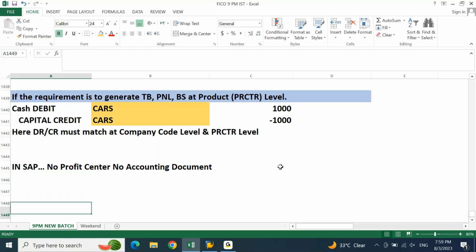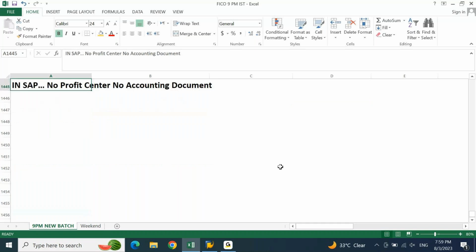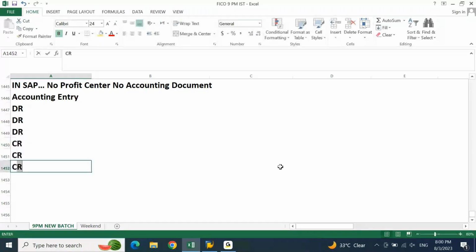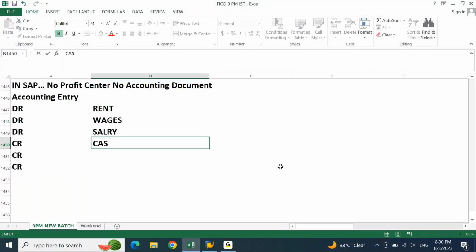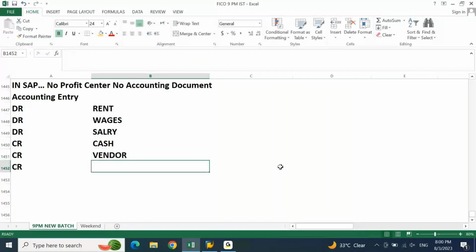Now, when I say profit center, what do I mean? Let's say I'll put another accounting entry. Now in this accounting entry, let's say I'll put 1 debit, 2 debit, 3 debit, 3 credits. I may put, let's say, rent debit, wages debit, salary debit, cash credit, vendor credit, and then bank credit.